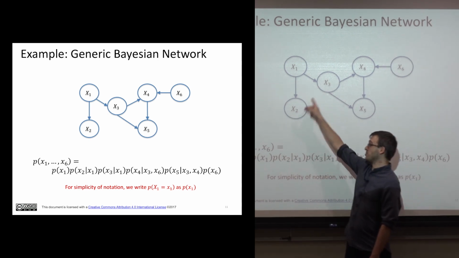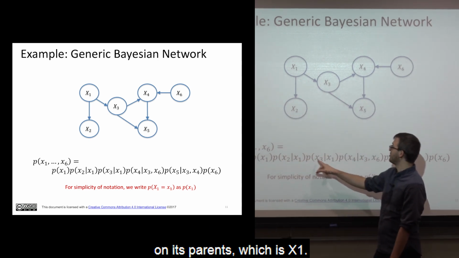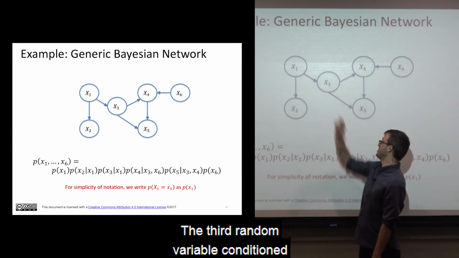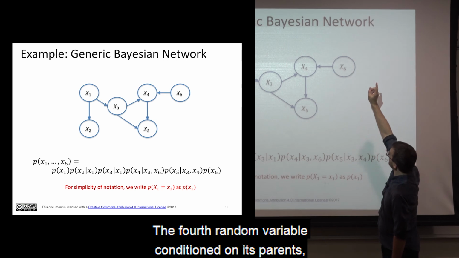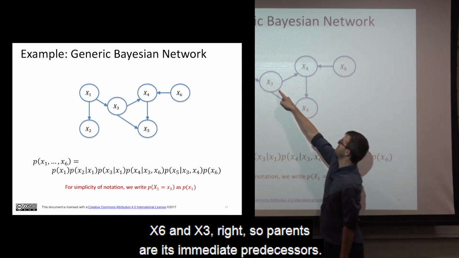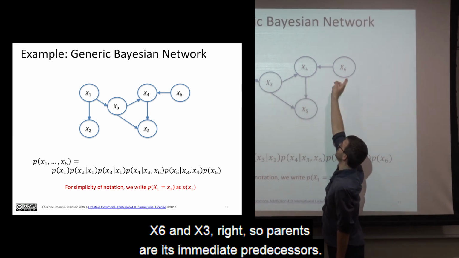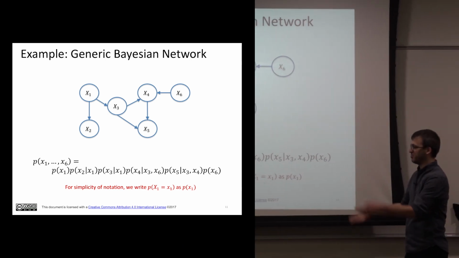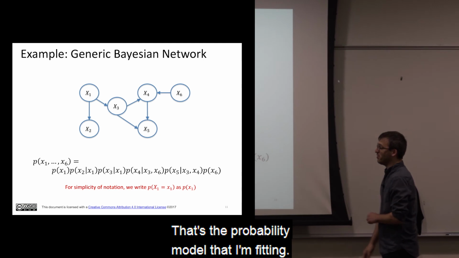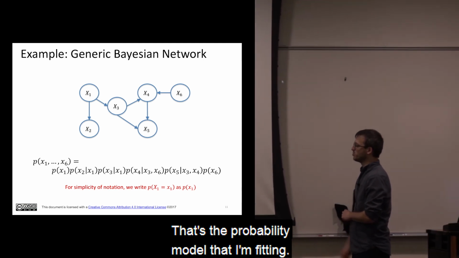The second random variable conditioned on its parents, which is x1. The third random variable conditioned on its parent, which is x1. The fourth random variable conditioned on its parents, x6 and x3. Right? So parents are its immediate predecessors, the incoming edges, etc. So I just product up these things.